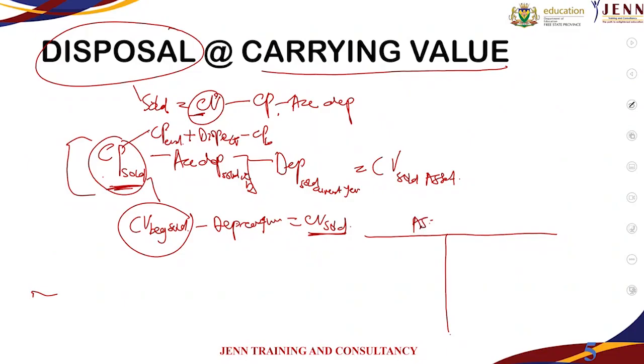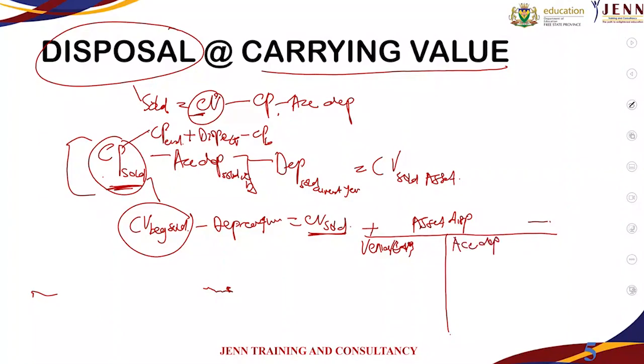Let me try and draw out the asset disposal before I explain. Now, the asset disposal increases on the debit side, it decreases on the credit side. So we want to identify the asset that is being sold. We either sell off a vehicle or we sell equipment. Those are two assets that we can sell. And those assets that we are selling, they can lose value.